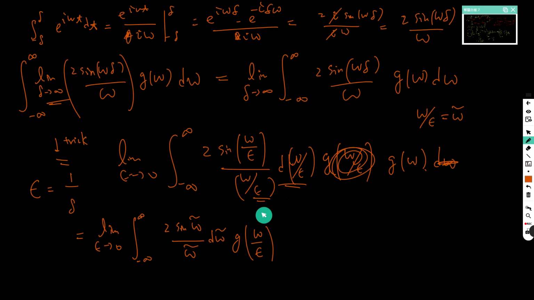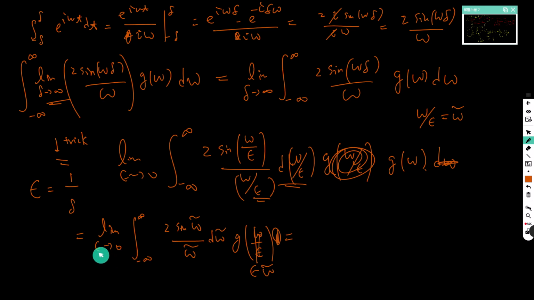Sorry, I write again: this is just epsilon times omega delta. So what we have is the integral from negative infinity to infinity of 2 sine omega delta d omega delta and g of epsilon omega delta, because I changed omega to epsilon times omega delta.